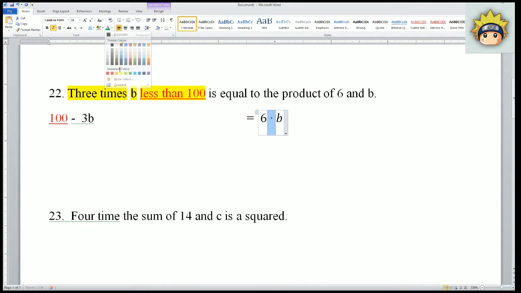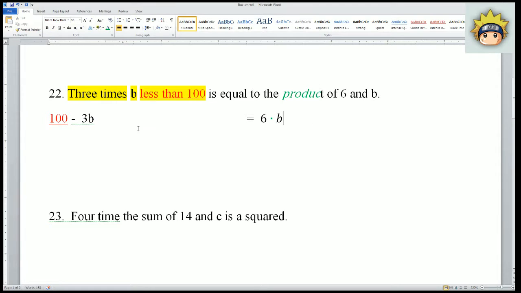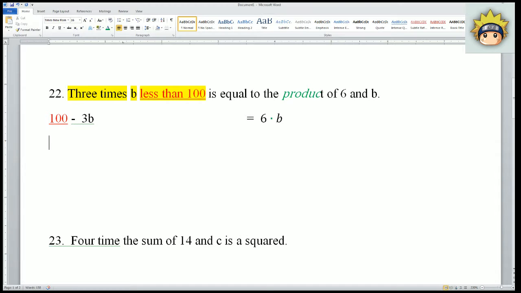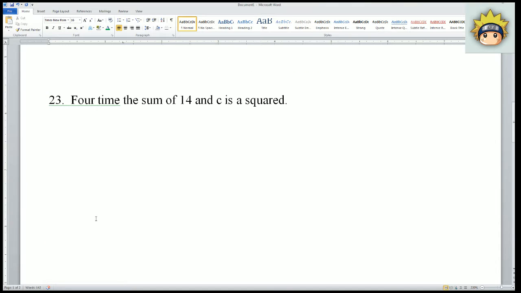That is the same thing as product. So together it should look something like this: 100 minus 3b equal to 6 times b.